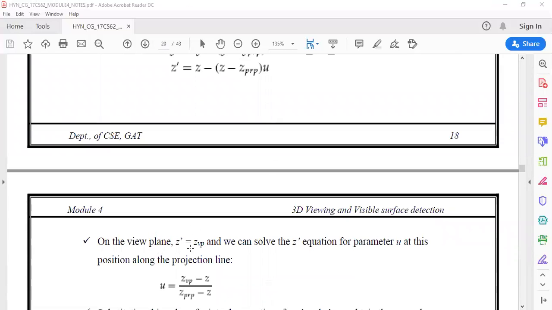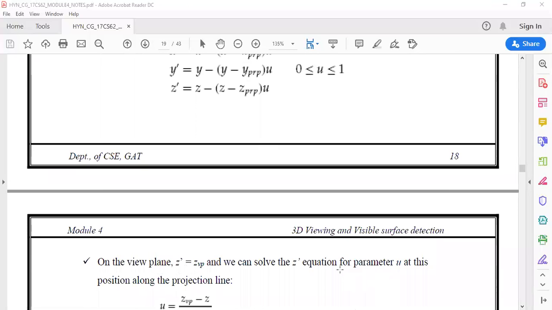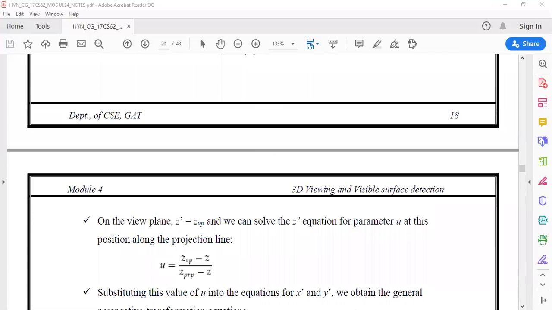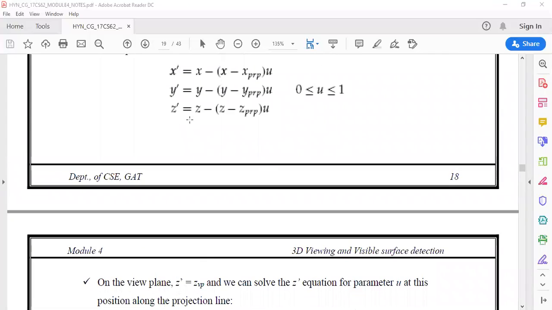So on the view plane, we have z dash equal to zvp, and we can solve the z dash equation for parameter u. Just replace z dash by zvp.